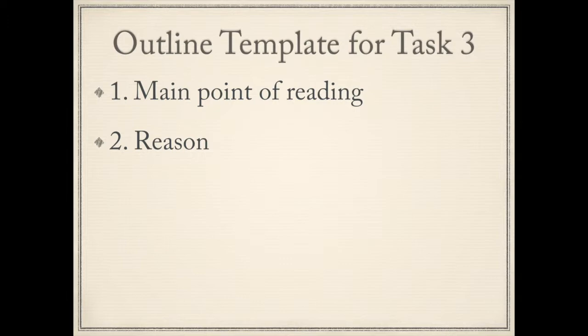Why are they doing this? That is part 2. Give a reason. Or they're closing the library at a certain time, whatever. Give a reason why the announcement or the letter or the article or the reading exists. Show some understanding of the rationale behind the reading here in task 3.